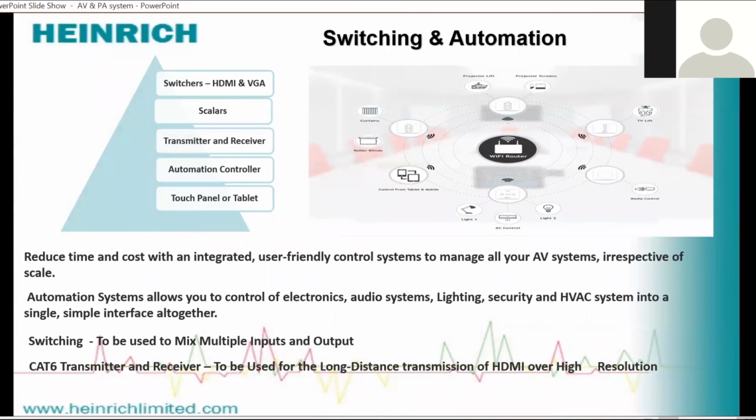Switching and automation solution. As I explained earlier, there will be a switching controller. All of your conference devices like displays, switcher, DSP, amplifiers, and all of the units will be connected to your automation controller via Cat6 or IR cable, and the control of all equipment comes on a single iPad through which you can control each and every device.